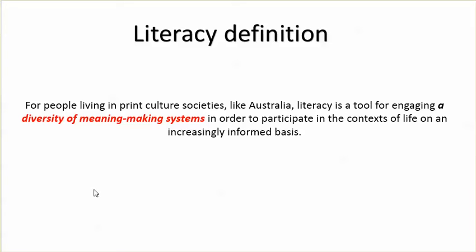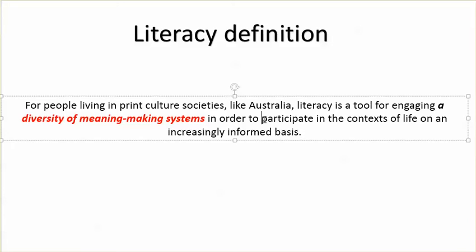So a diversity of meaning-making systems, which is not just modalities, but also different ways of working with text and structuring text, and different frames of reference, which are relevant for a particular genre, but not relevant for another. So literacy is a tool for engaging a diversity of meaning-making systems.